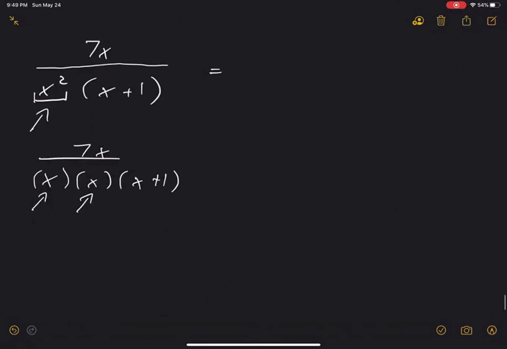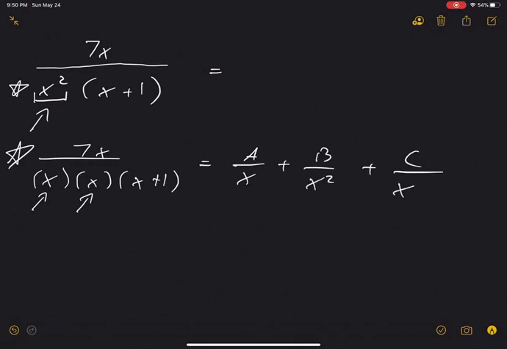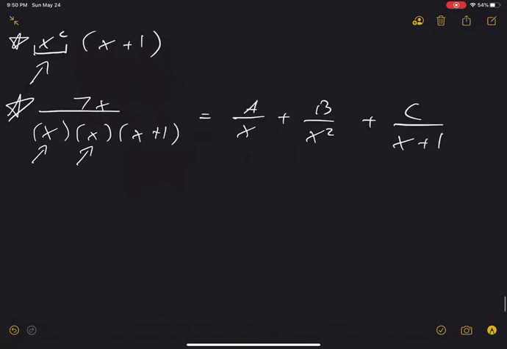Well, it should work out either way, to be honest. I think this way is a bit better because this x squared is technically x minus 0 squared, right? So I think it's better to think of it as this repeated linear case. So I would set this up as A over x plus B over x squared plus C over x plus 1, but it actually ends up being the same thing.